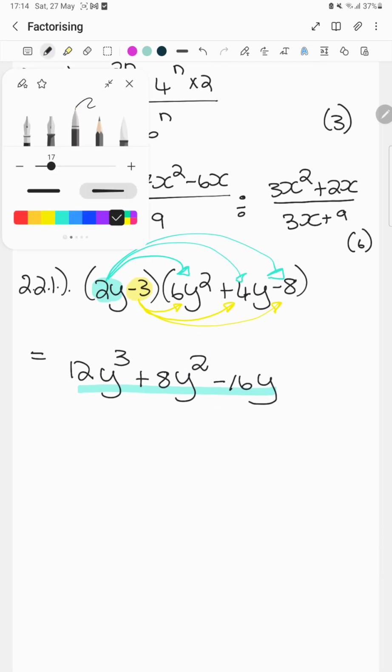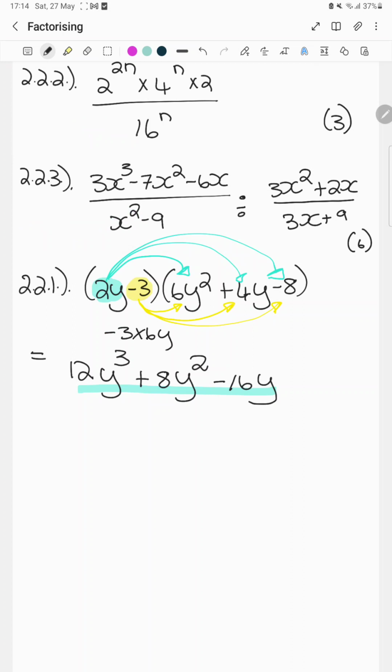Negative 3 times 6y squared becomes negative 18y squared. Then negative 3 times 4y is minus 12y. And then lastly, we take the negative 3 multiplied with a negative 8. Minus times a minus becomes a positive, and 3 times 8 is 24.